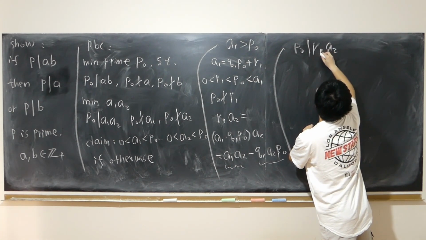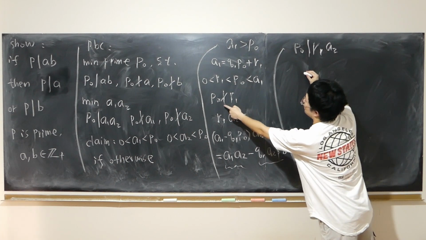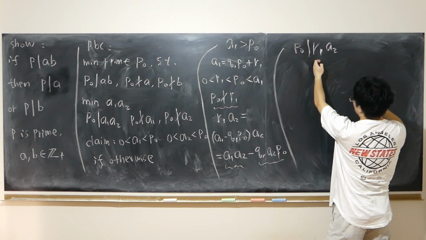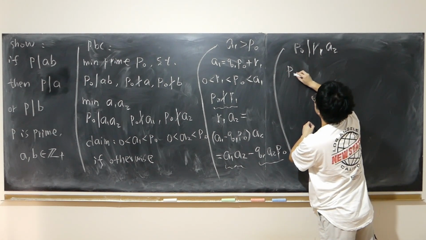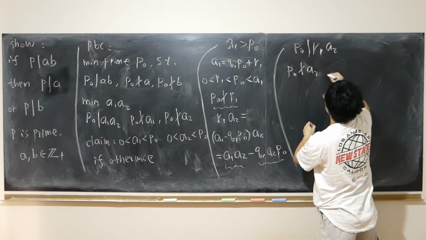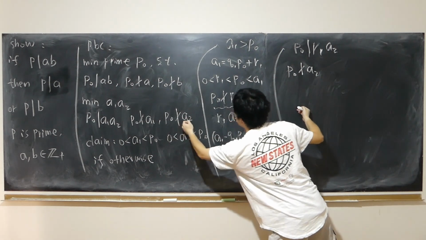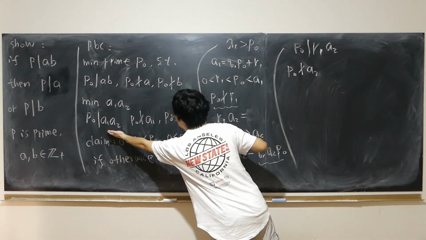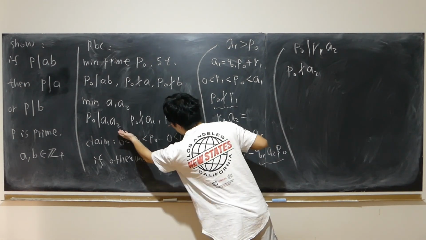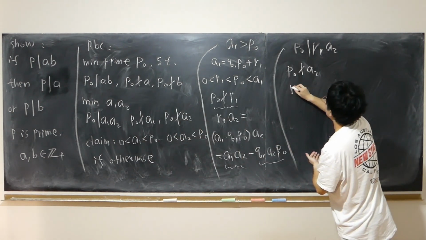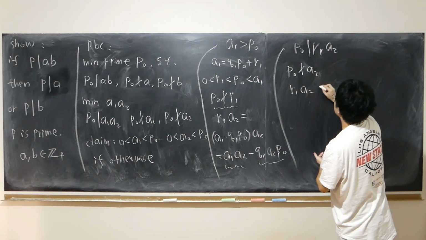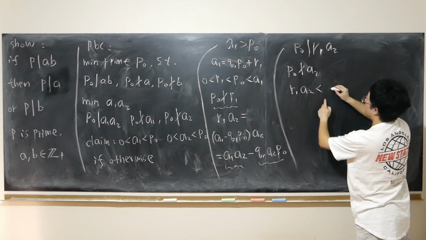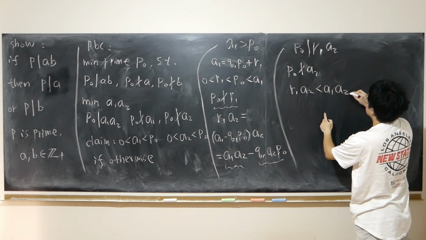In this case, also P naught does not divide R1, and P naught does not divide A2. So again, R1 and A2 satisfy this condition. And also, R1 times A2 is smaller than A1 times A2, because R1 is smaller than A1.